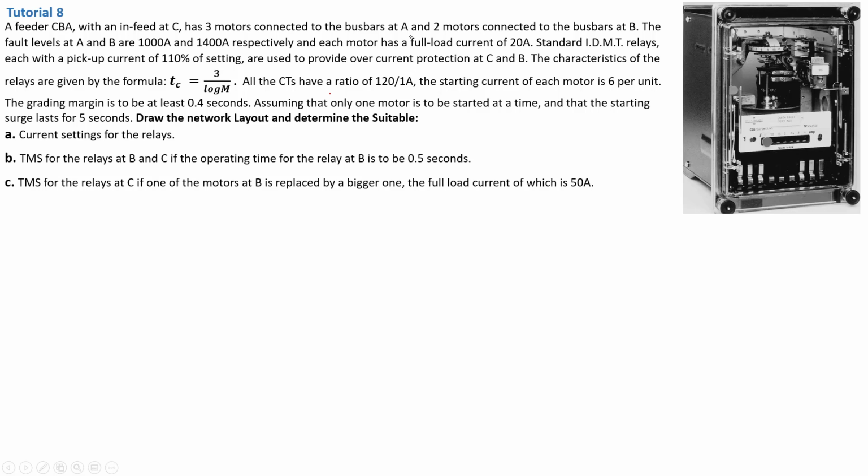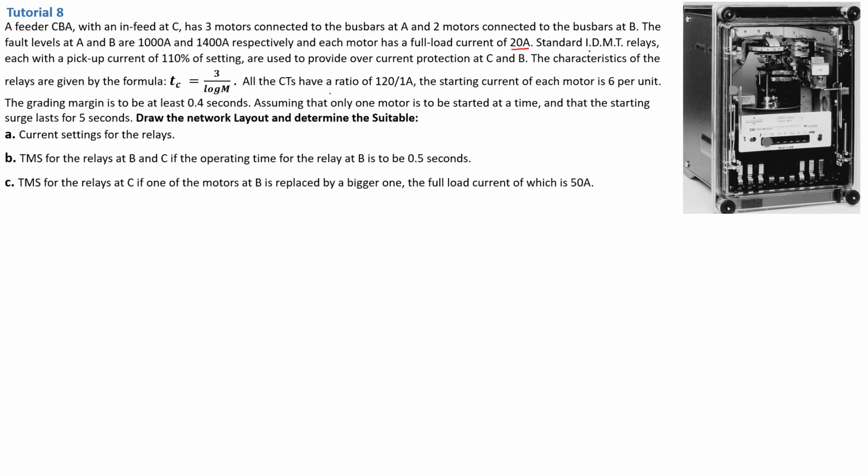Now on bus bar A, we've got 3 motors, and we've got another 2 motors connected on bus bar B. The fault levels at A and B are 1000 amp and 1400 amp respectively, and each motor has a full load current of 20 amps. So this is the current that each motor draws when it is running.